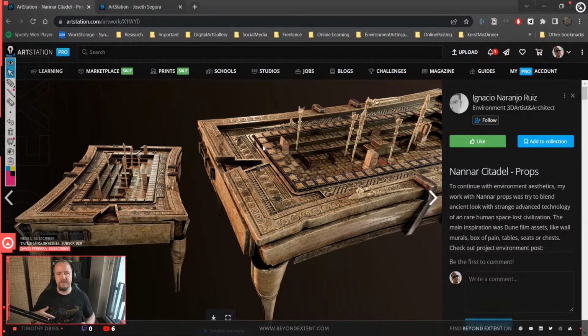So you could have one base prop that is not damaged, and then a damaged version of it with a lot of water damage. I would probably do it that way because you have more detailed control over where you put your water damage.